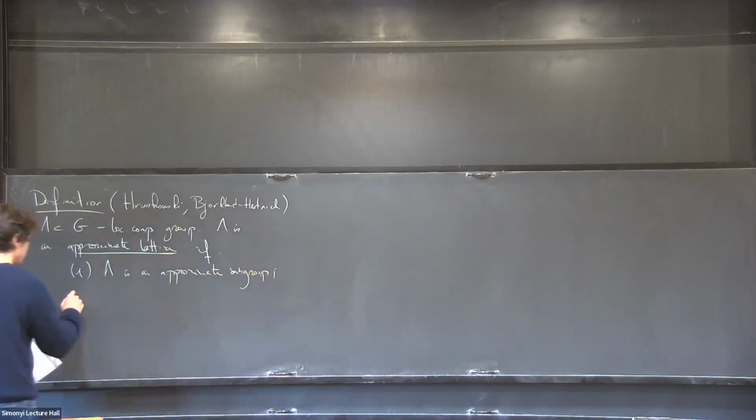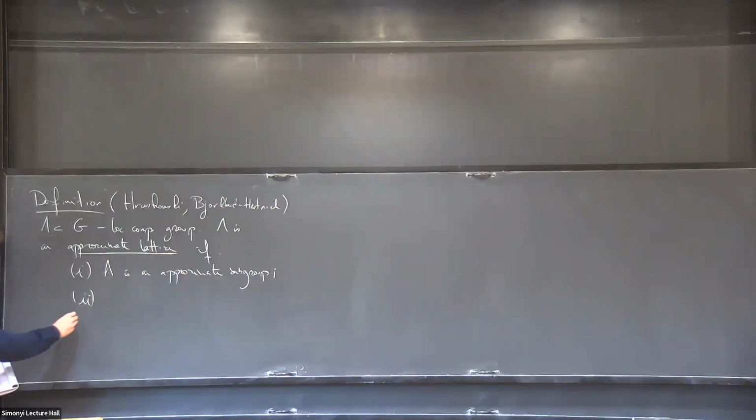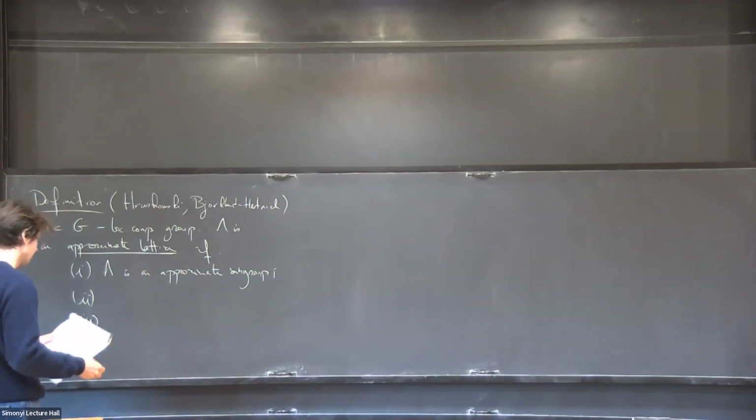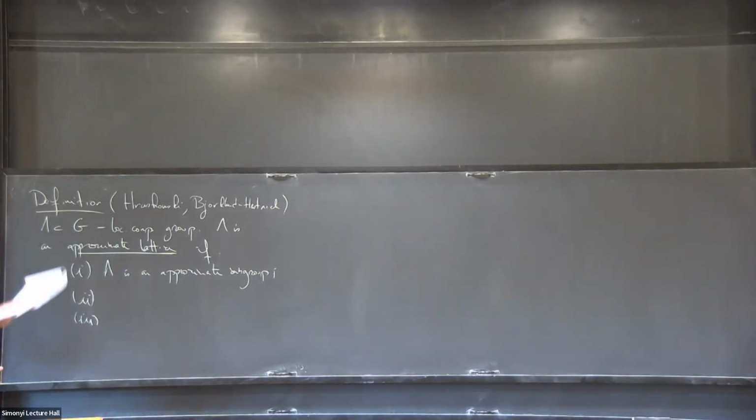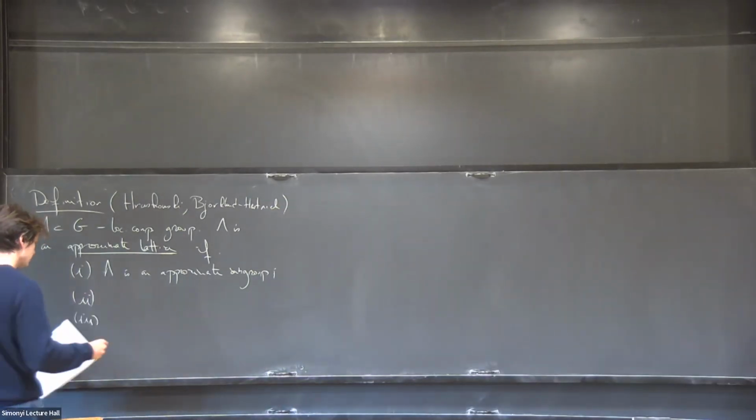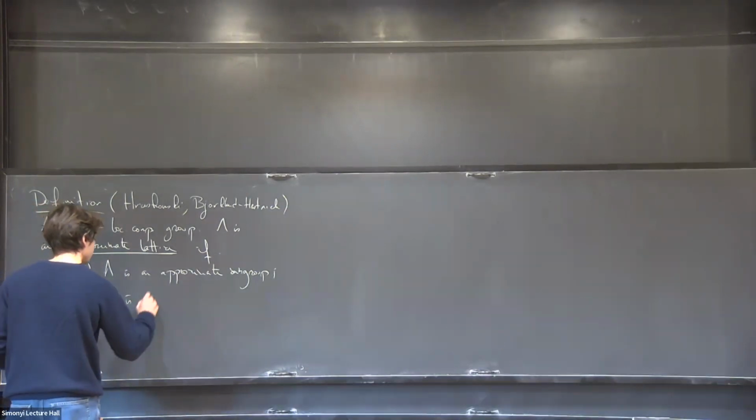The second and the third are related to the second part of the name of this definition, that essentially you want to generalize lattices. So you want them to be discrete subsets of your locally compact group. So lambda is discrete.